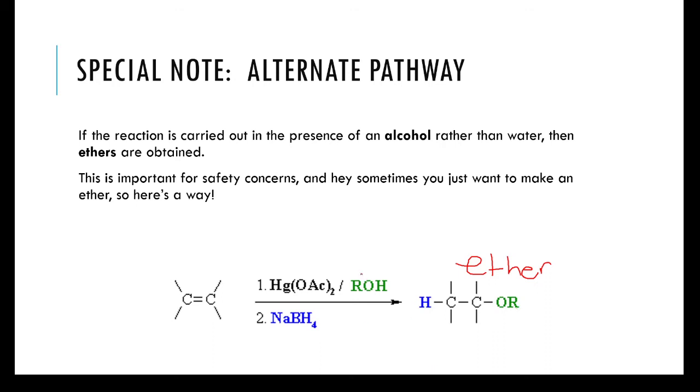So if you use the alcohol, you're going to create the ether. But if you don't want to create an ether, make sure you're using water. So we take a toxic reagent and make a flammable, toxic product out of it.